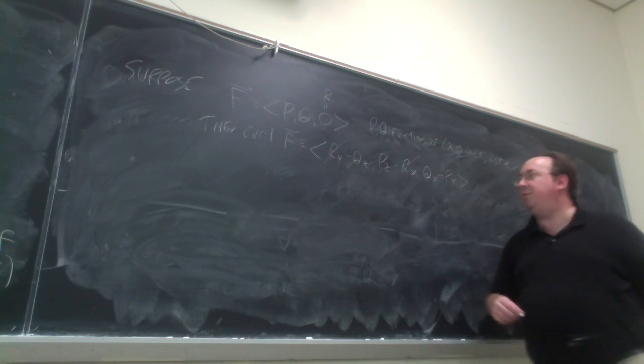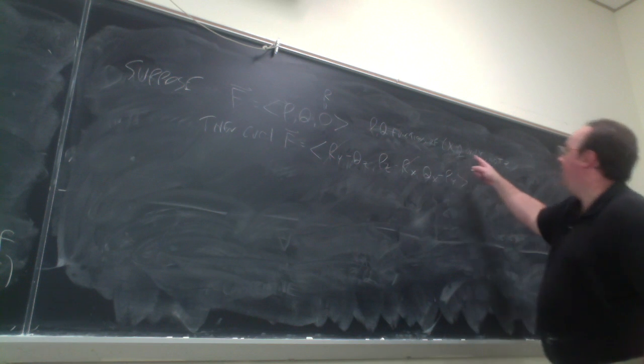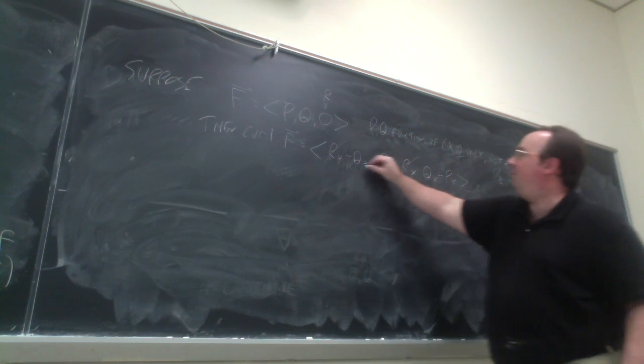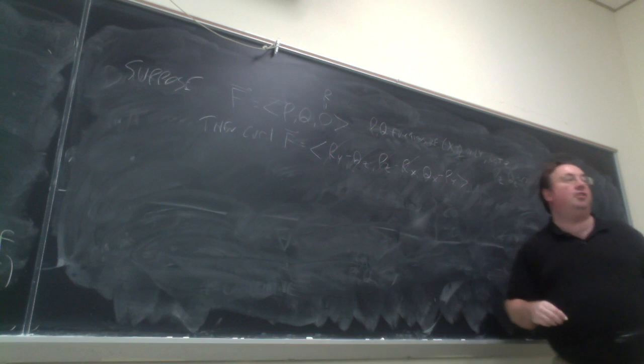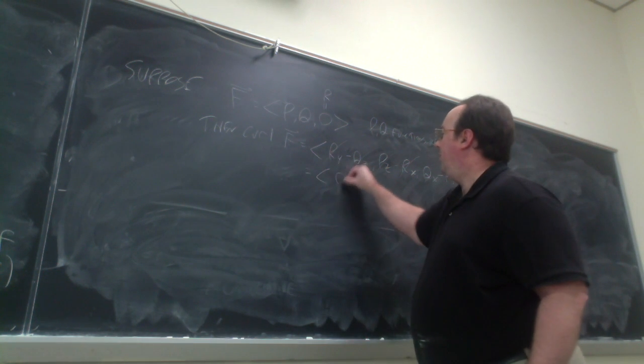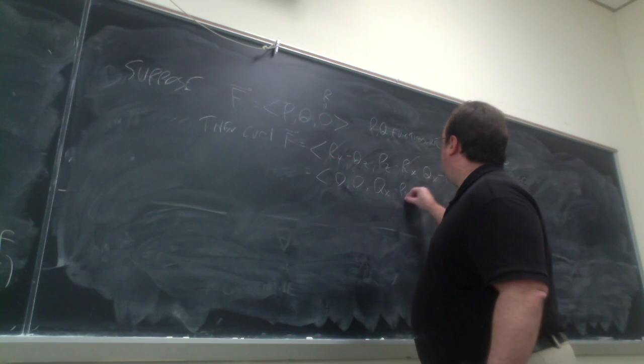That's 0 for the same reason. These are 0 because p and q depend only on x and y. So pz and qz are both equal to 0. So the first two components disappear entirely. So the only thing that's left is 0, 0, qx minus py.